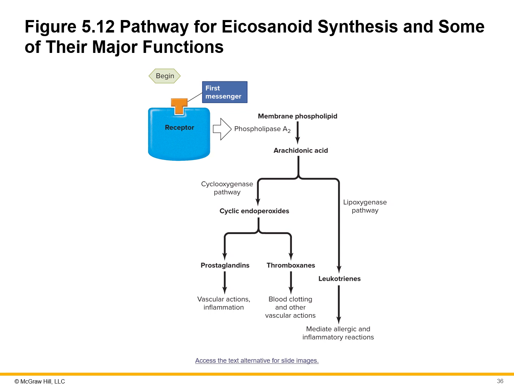So this is just a picture of how it can be made. So we were talking about the fact that your first messenger sits on the receptor, changes its shape, causing that enzyme to release the acid that will then follow different pathways. Here's the cellular response down here.